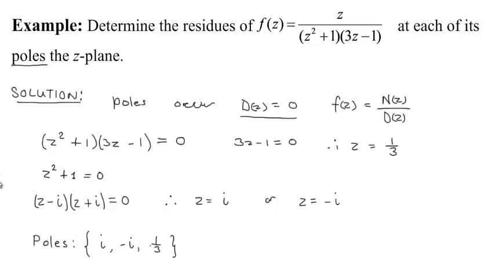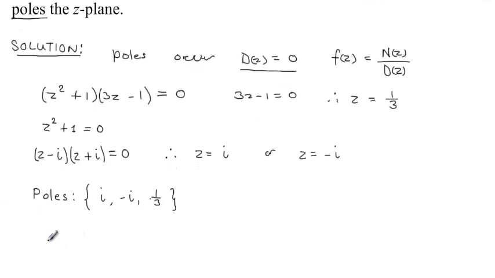In this case now, we can rewrite our function f of z equals z over (z squared plus 1) multiplied by (3z minus 1).